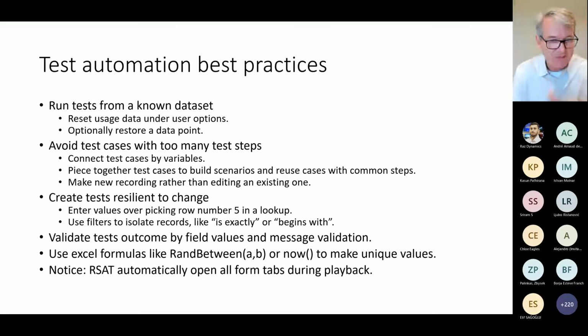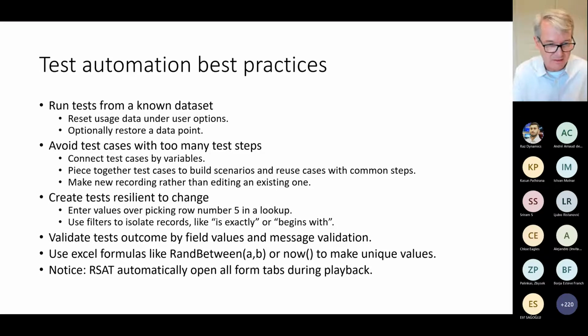On best practices, also make sure you create your test to be resilient to change. This means being mindful of how you are creating your test so that you're not making a lot of dependencies on the data set you're operating on. For instance, if you are recording and doing a lookup on a field and picking row number 5, what happens if the data set changes and another record is put in the middle?